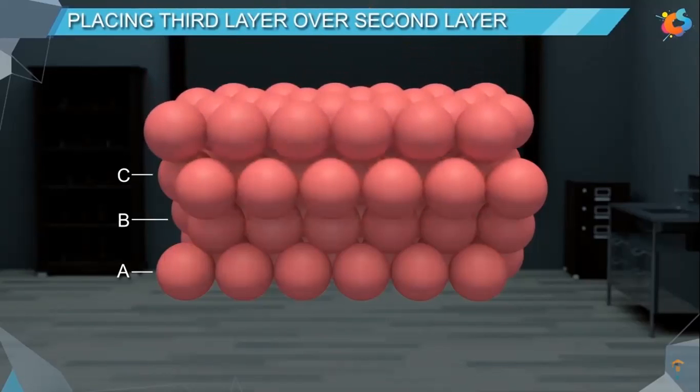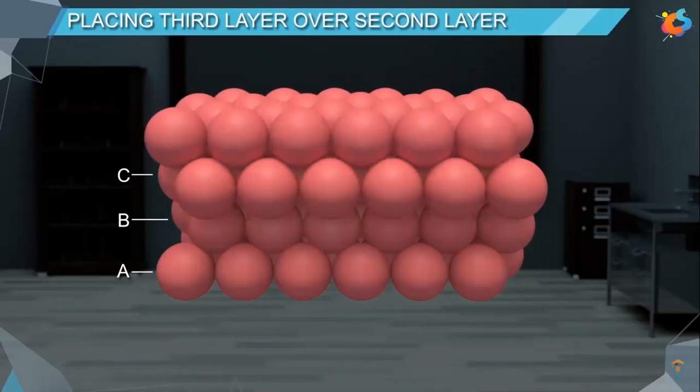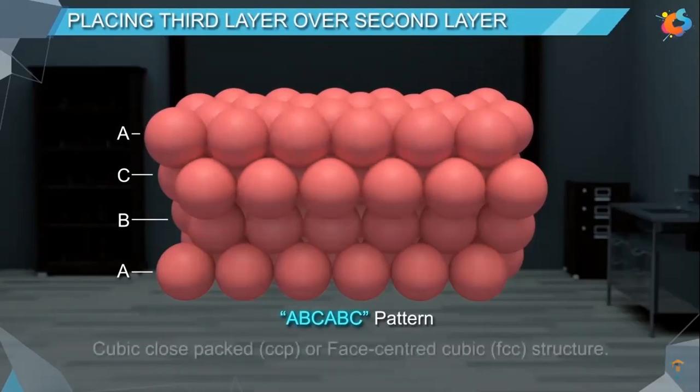Now, if we place the fourth layer over the octahedral voids of the third layer, then the sphere gets aligned with the spheres of the first layer. Thus, this pattern is known as ABC type, and the structure formed is known as cubic close packed CCP or face centered cubic FCC structure.